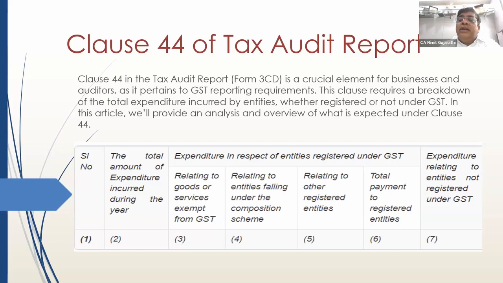It is total expenditure claimed by the assessee for a particular year. So according to me, it will include purchases, direct expenses, and indirect expenses. All the expenditures which are claimed by the assessee in its profit and loss account while filing the return of income need to be segregated under this tax audit report.